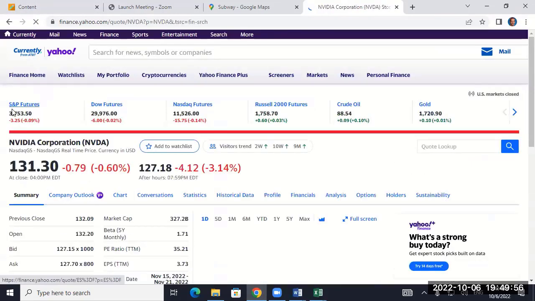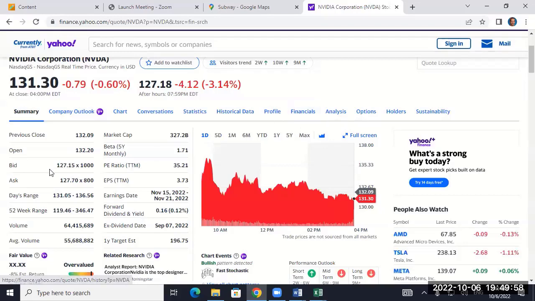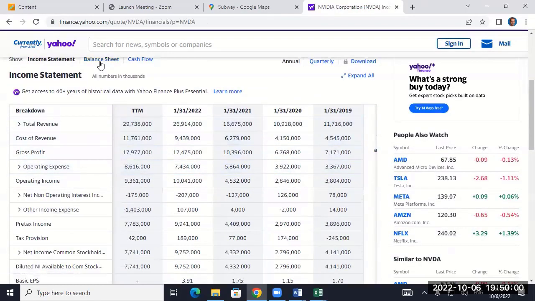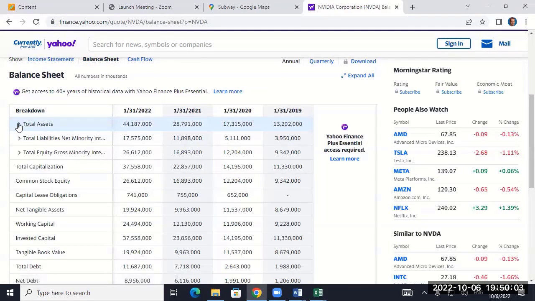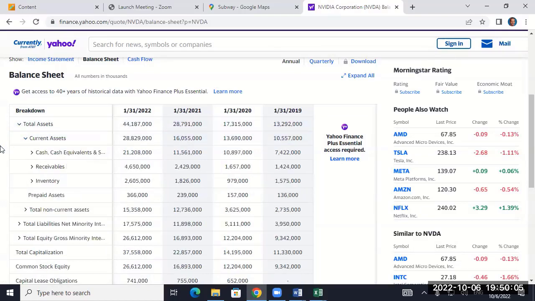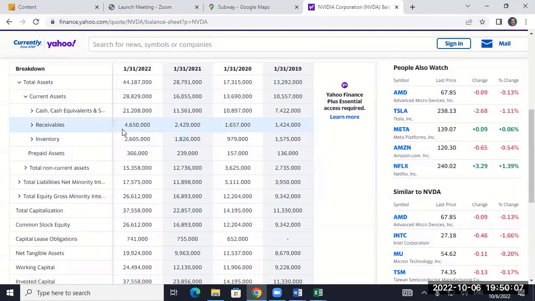Why does NVIDIA have such large accounts receivable? So $4 billion. What's that receivable? And then they had, why do they have 2.6 billion in inventories? That's strange.